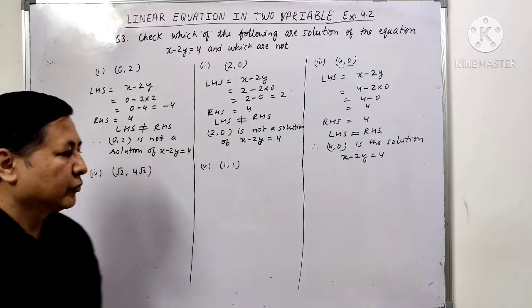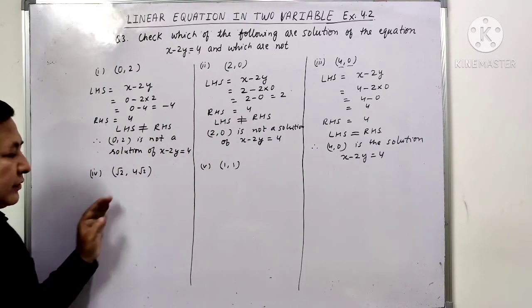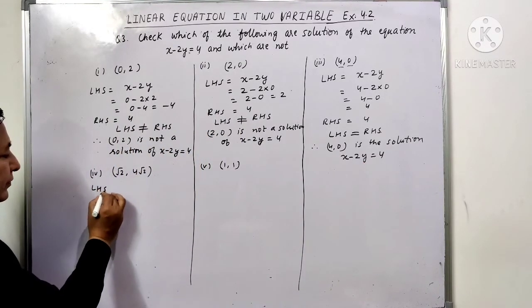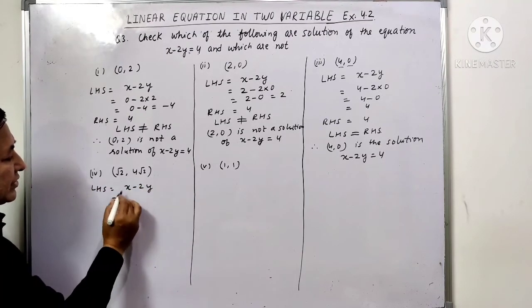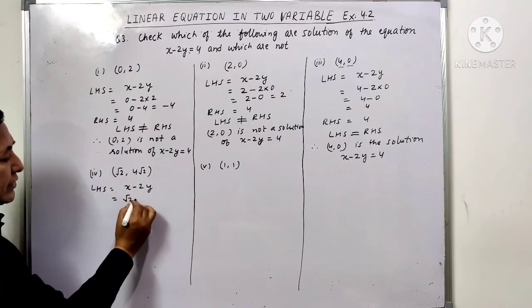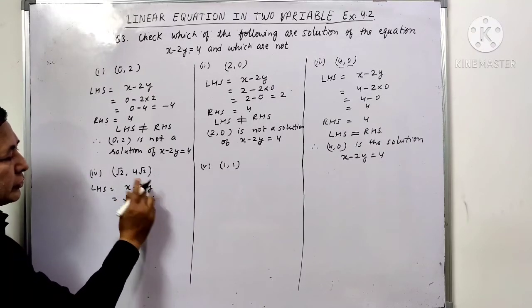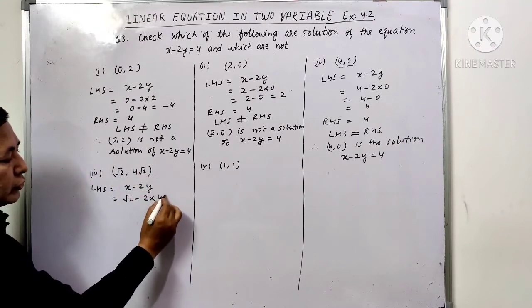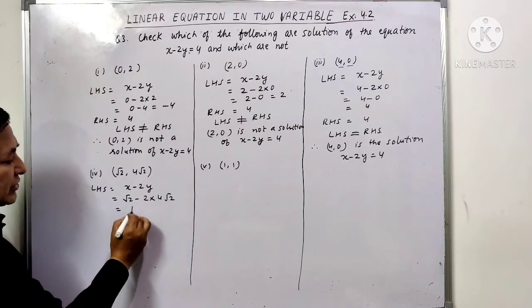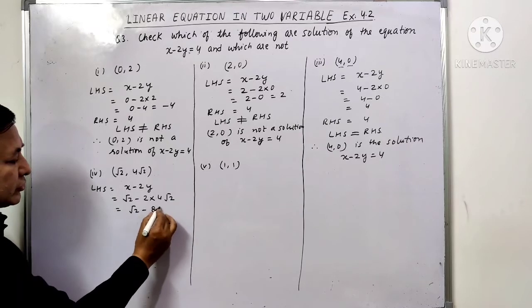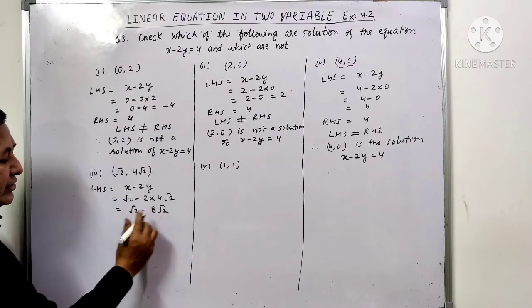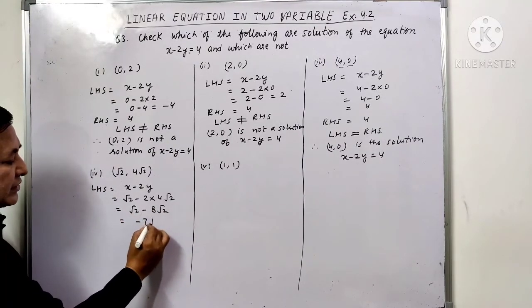Now let us take the fourth part. Again we'll calculate the left hand side, that is x minus 2y. The x is root 2, minus 2 into 4 root 2. When we solve this, it becomes root 2 minus 2 fours are 8, so it becomes 8 root 2. So root 2 minus 8 root 2 is minus 7 root 2.